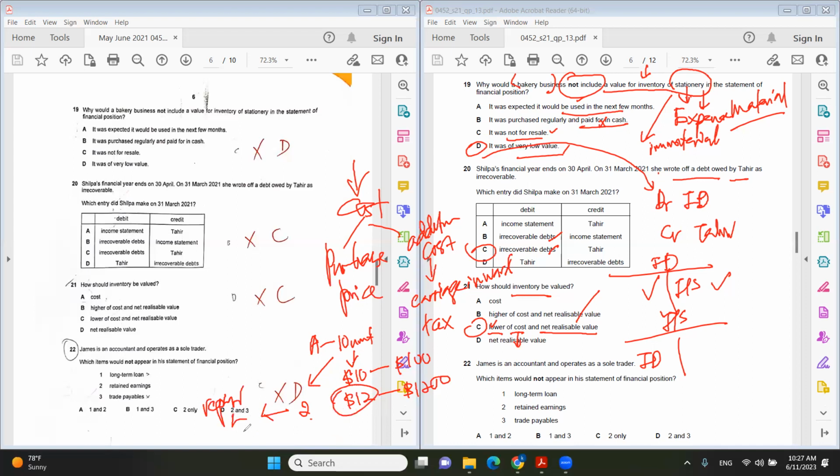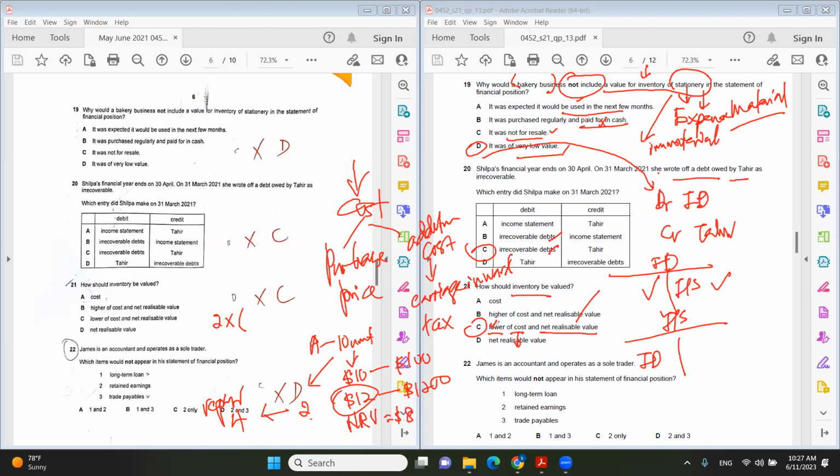Let's say I need to incur $4 in order to sell at $12. So my calculation for these 2 units will be 2 units times $12 minus $4. Now the net realizable value becomes $8 only.